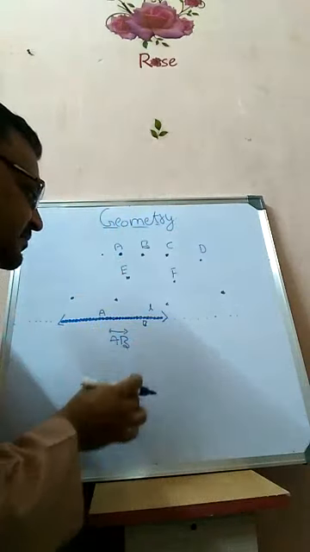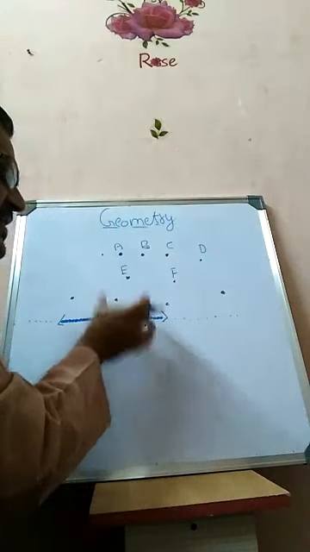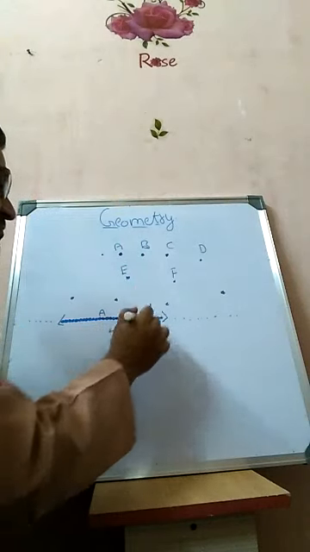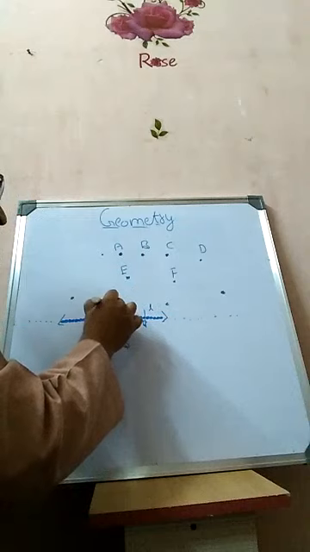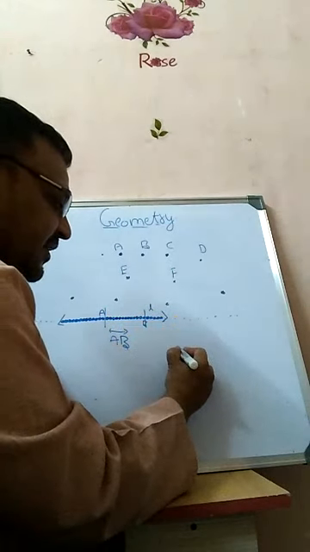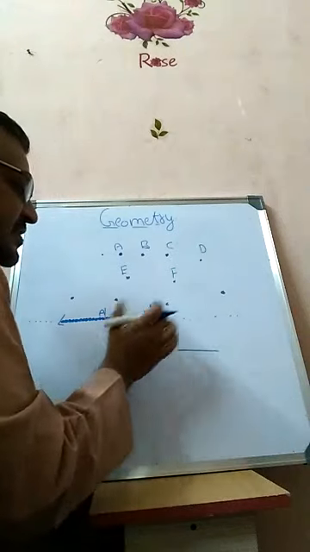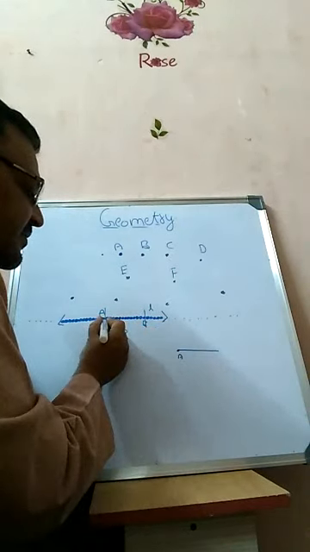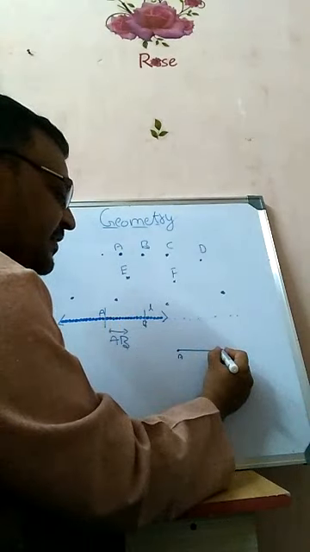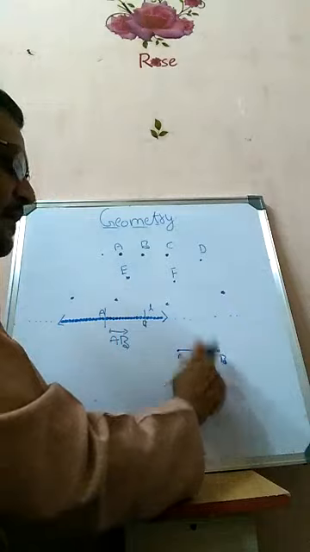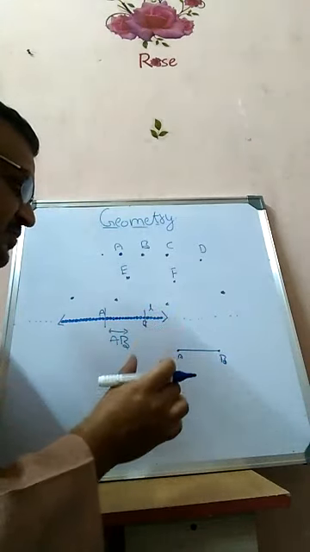And next, some part of this line I will take. That means look, this part. Separately I will draw here the taken part. So starting from A to B, some part I took.